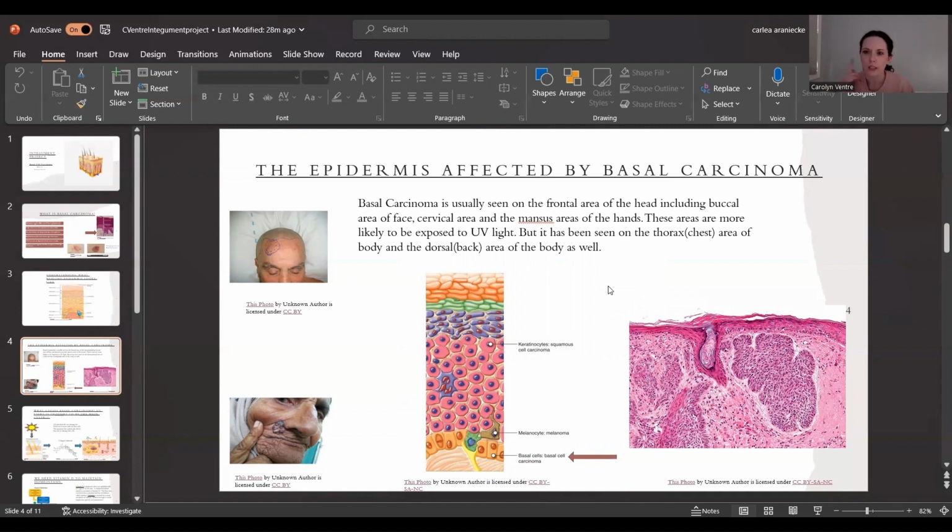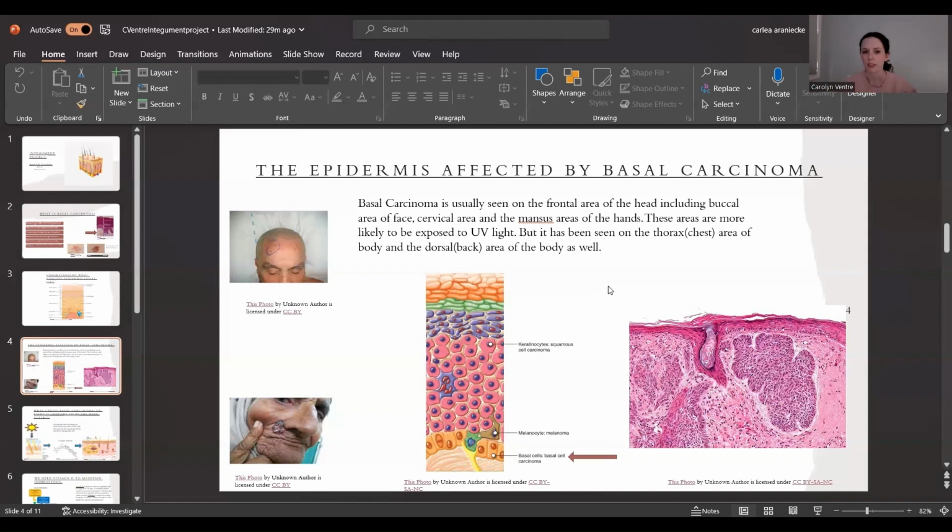But it's also found in the buccal area of the face, which is your cheeks, the cervical area, which is your neck, and the manus area of the hands, which is the fronts of the hands, because these are areas that are more likely to be exposed to UV light. It's also been found on the thorax, which is your chest, and the dorsal area of your back.